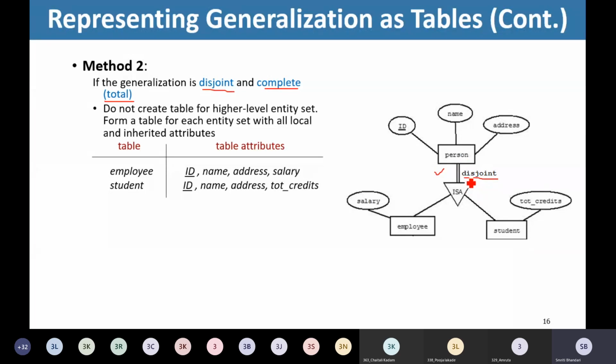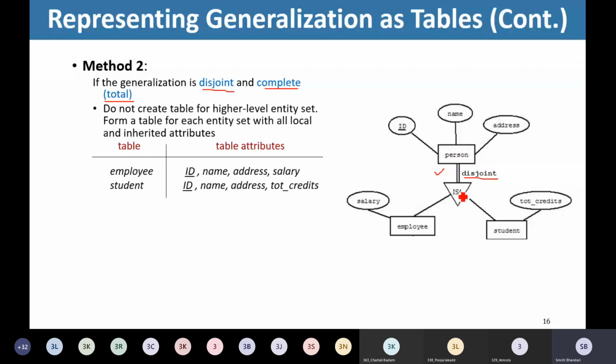This kind of constraint is depicted as disjoint, and we label this link as disjoint. Next to the triangular notation, we write the word disjoint. Correct? So this is what we mean by the disjoint constraint.